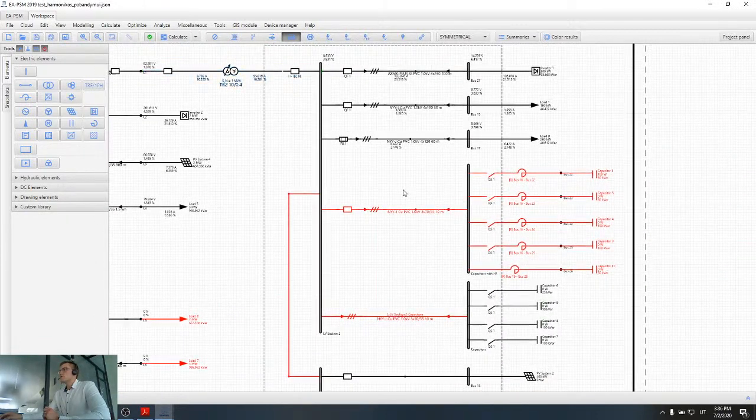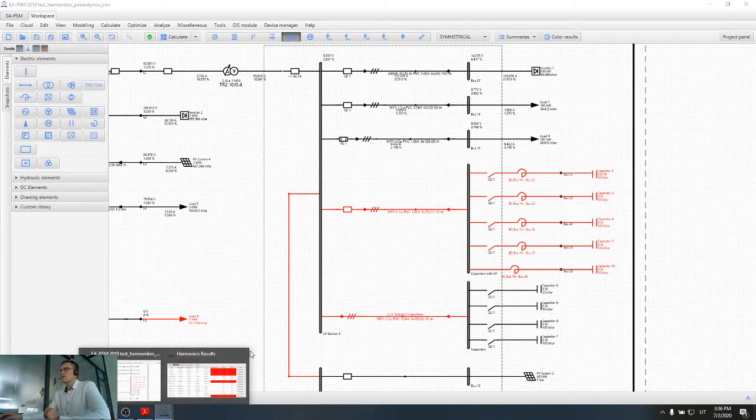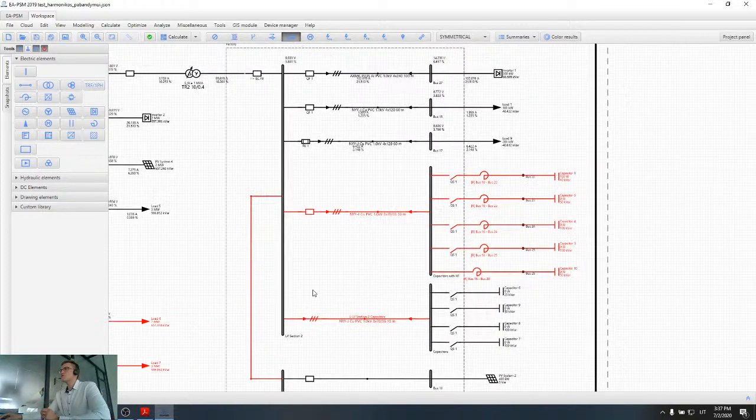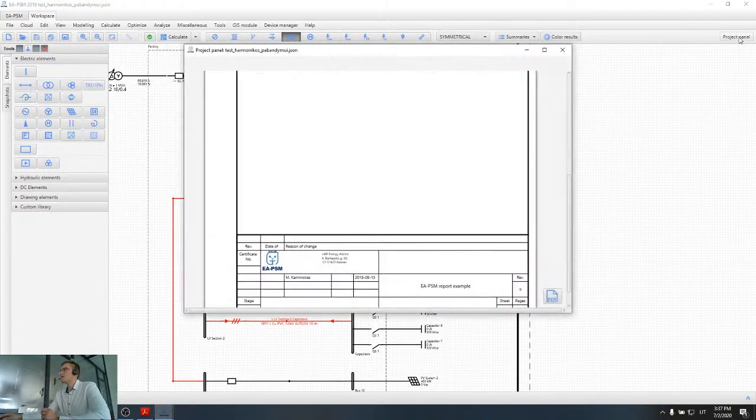So what I would like to do now is save harmonic results, and then I will connect capacitors to the network to compare harmonic results in the network without the capacitors and with the capacitors connected. To do that, I will open Project Panel.